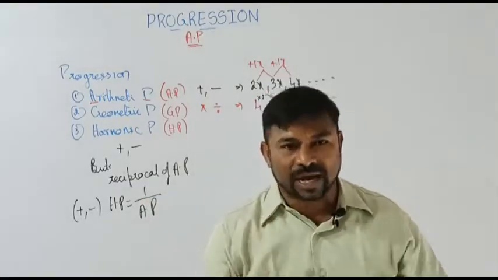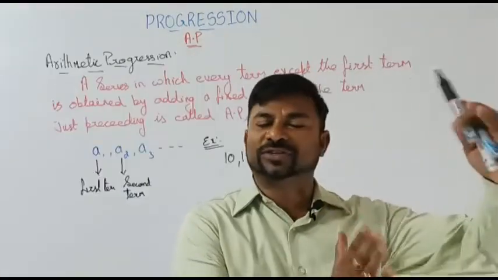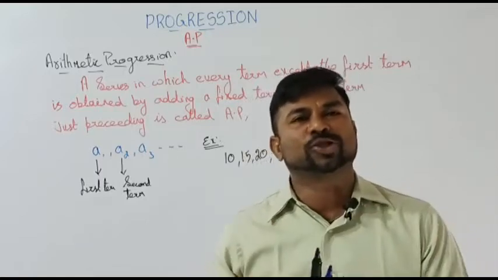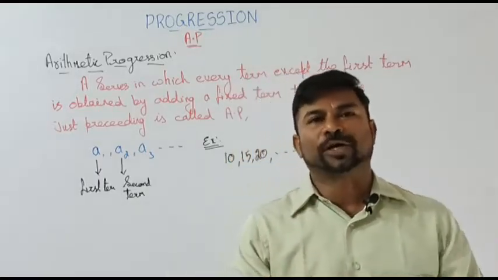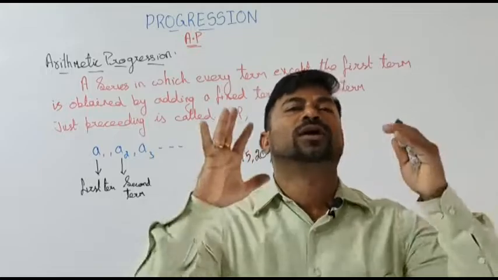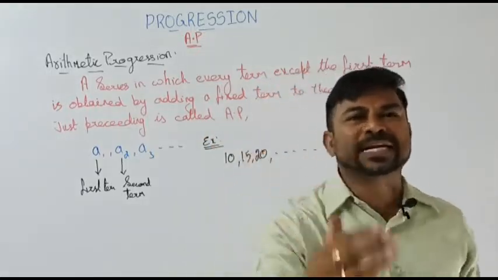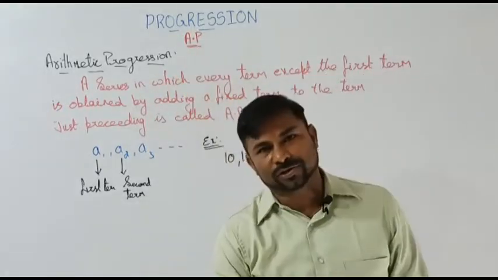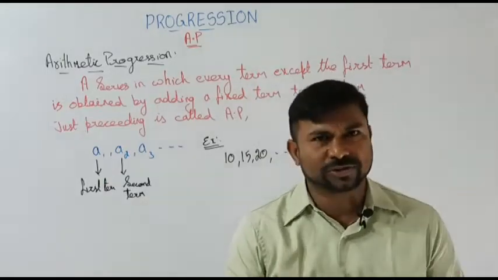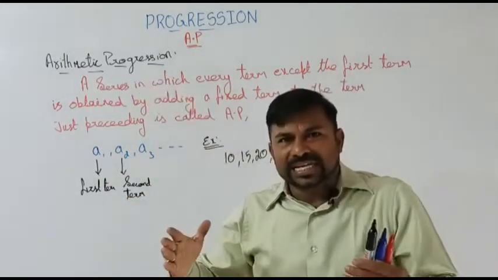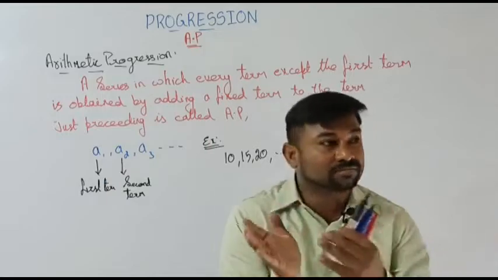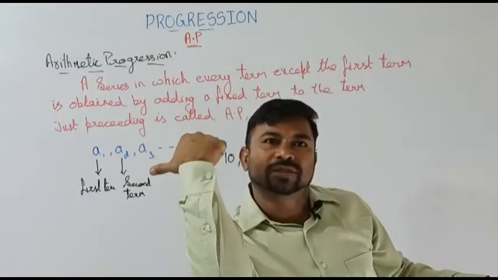I'll come back to AP now. Out of the three types, AP, GP and HP, the beginning topic is arithmetic progression. What is an arithmetic progression? Just now I said a series means a quantity measurement in relation with the preceding.